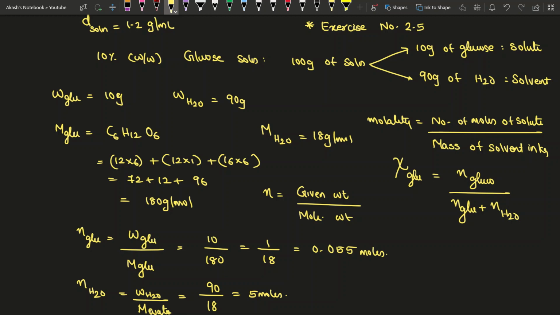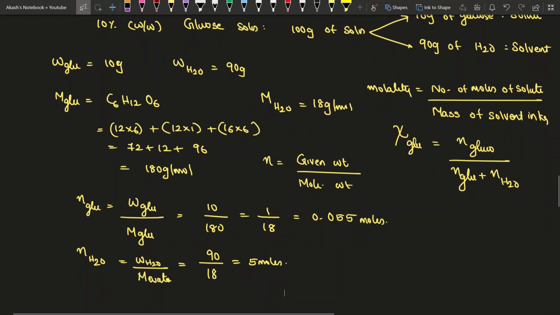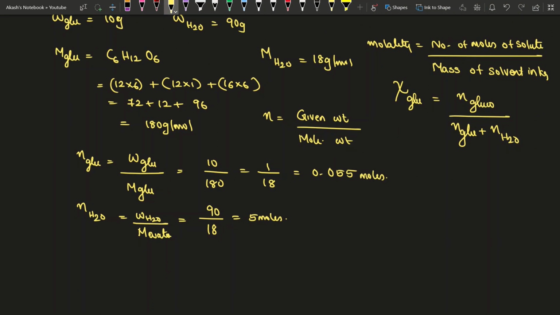So since we have that data, now we can calculate the mole fraction of glucose. The mole fraction of glucose is equal to the number of moles of glucose, 0.055, divided by the number of moles of glucose, 0.055, plus the number of moles of water, 5.